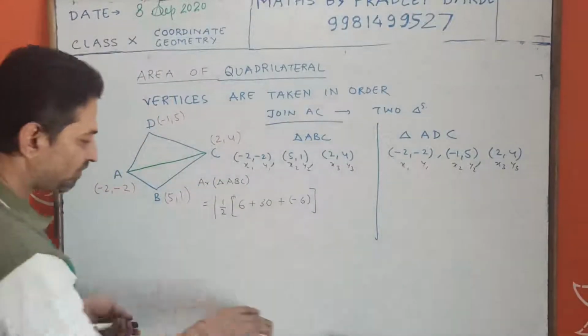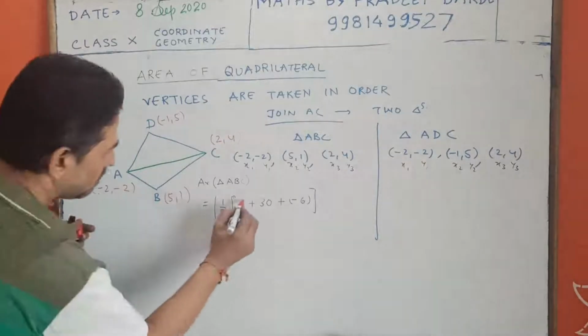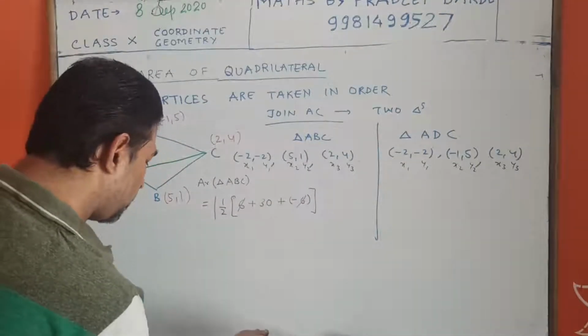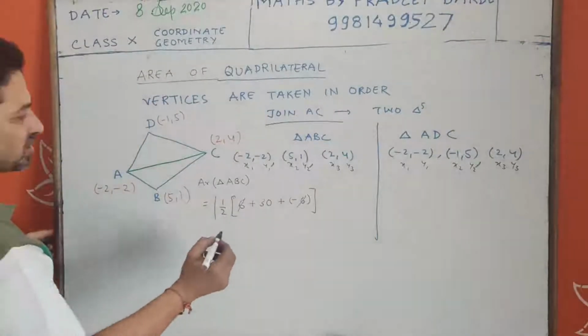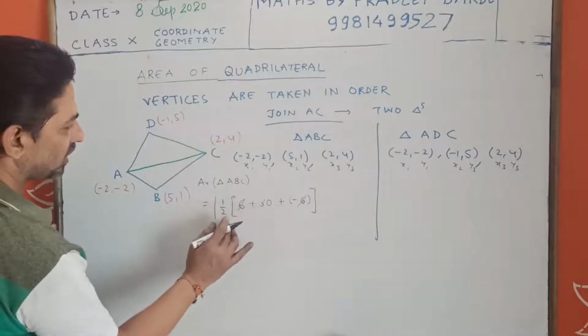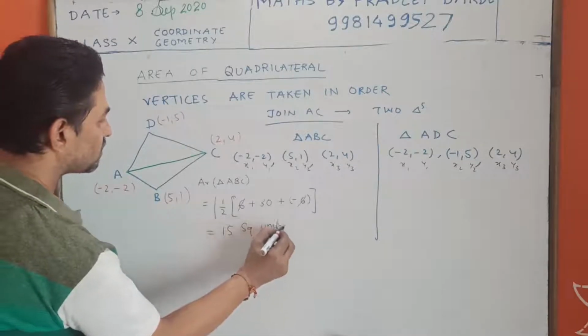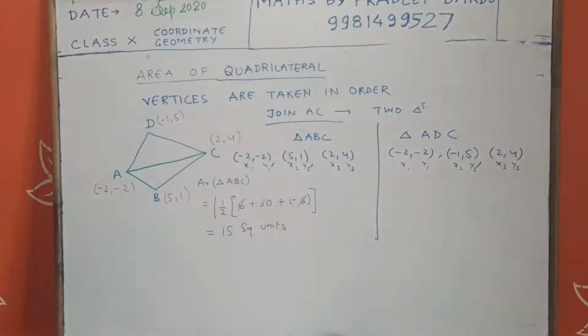So here we have plus 6 minus 6 cancel. So area of triangle ABC is 30 by 2, that is 15 square units. 15 इसका एरिया मिल गया.